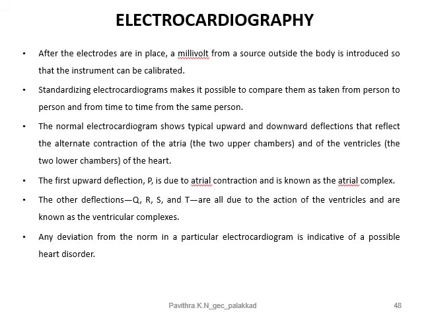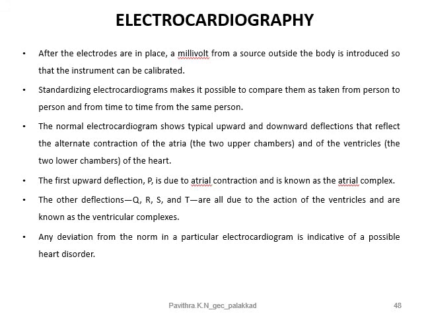Now, the normal electrocardiogram shows typical upward and downward deflections that reflect the alternate contraction of the atria and the two chambers or ventricles of the heart.